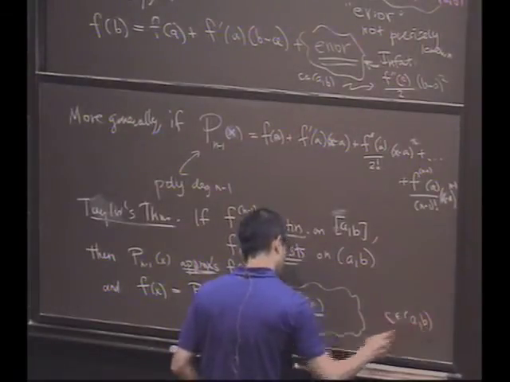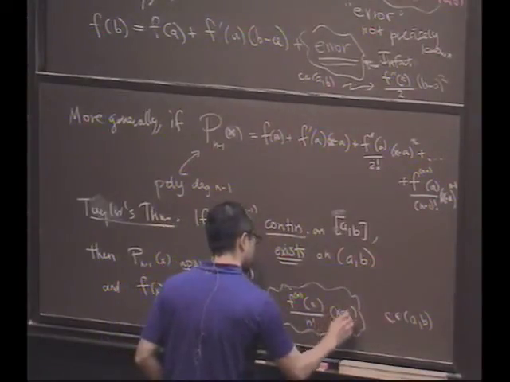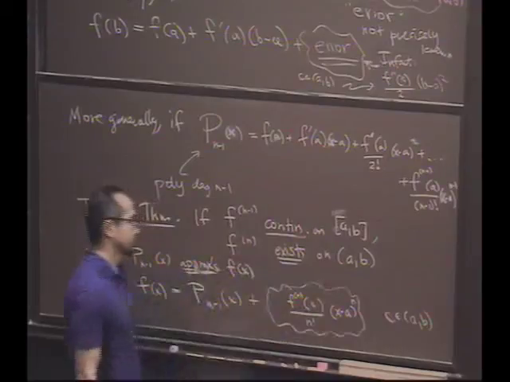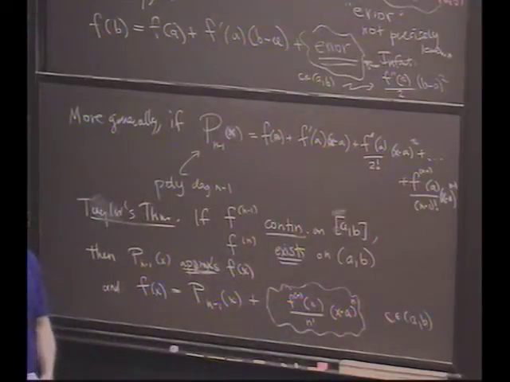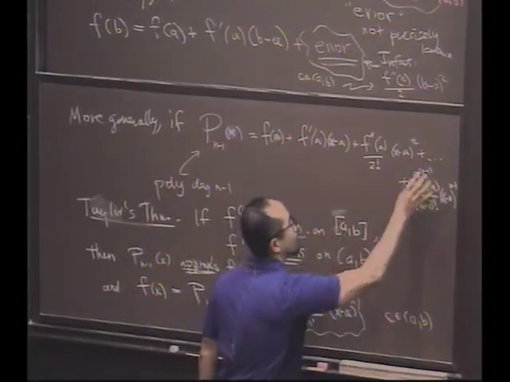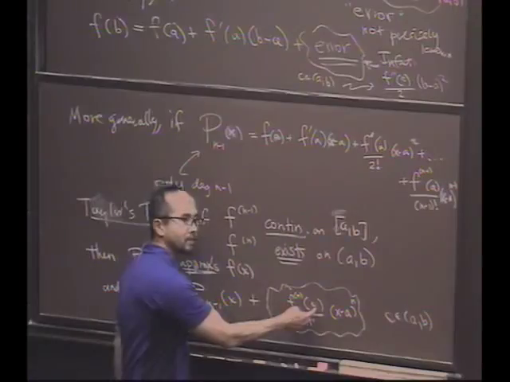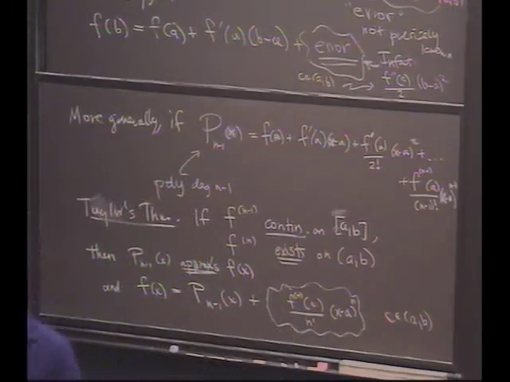Take a guess. Yep, a and b. And then, of course, this gets multiplied by x minus a to the nth. So this term looks a lot like the terms of the Taylor polynomial, except that the nth derivative is evaluated somewhere in between a and b.